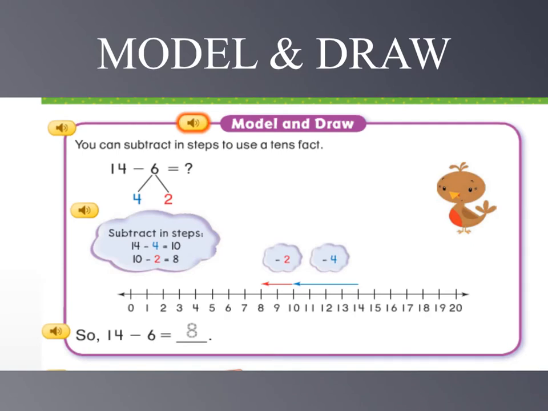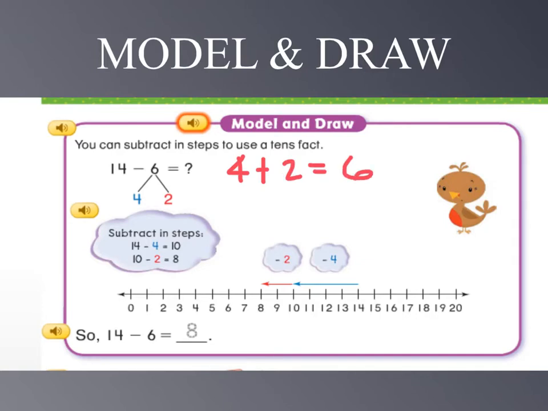Now for model and draw. We are going to subtract in steps to use a tens fact. Let's look at the problem: 14 minus 6. We need to solve this problem, but we're going to do it in steps to use a tens fact. So we can break 6 down into 4 and 2 because we know that 4 plus 2 equals 6.